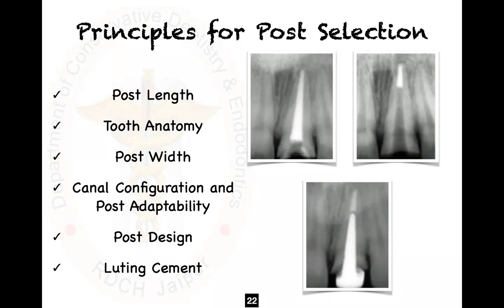Right. So there are certain principles you have to stick to before you select a post that is going inside the root. These principles are post length, tooth anatomy, post width, canal configuration, post adaptability, post design, and luting cement. These are the important factors you have to keep in mind before you select a post design and go for it.